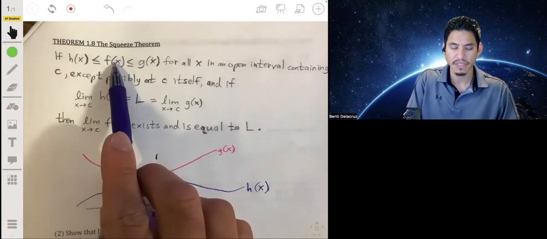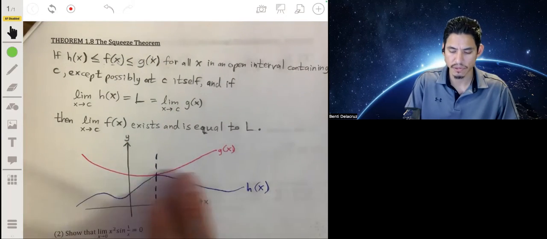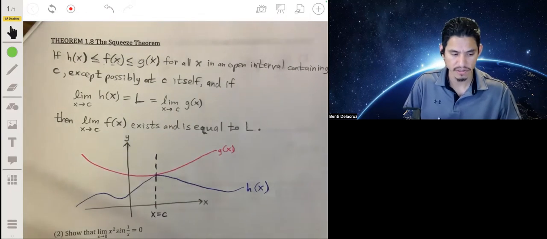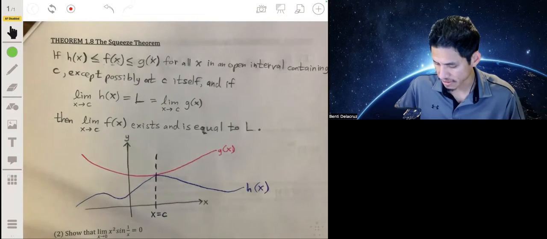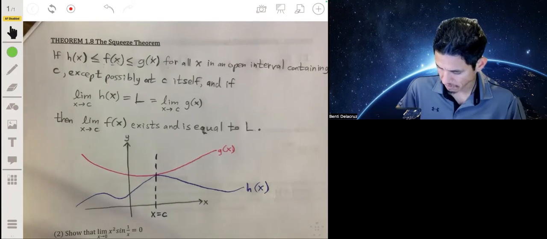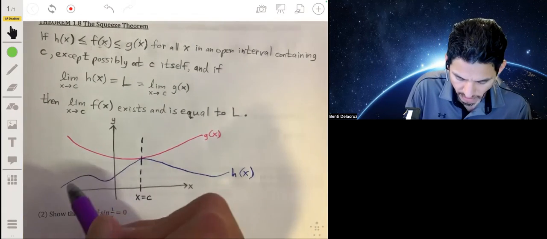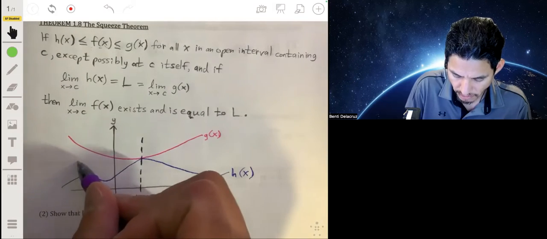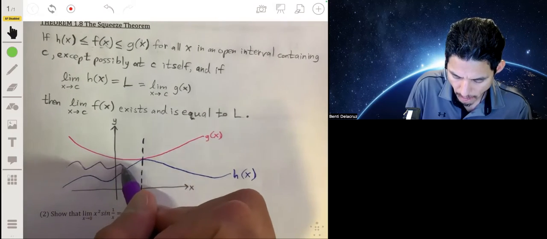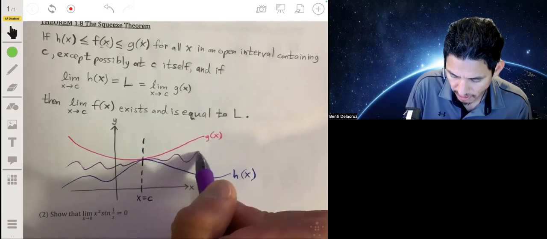And we say that f of x will always be between these two functions. So we'll have f of x be our third graph. Let's do some purple. Maybe f of x does something weird. It's always staying between; that's all we care about.